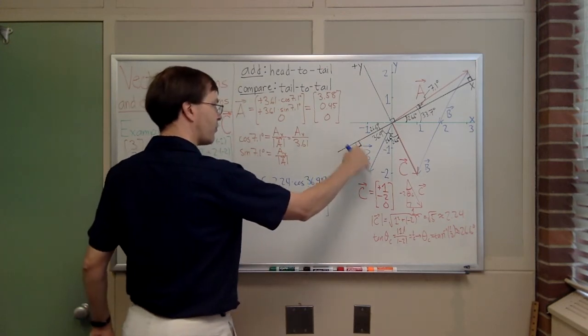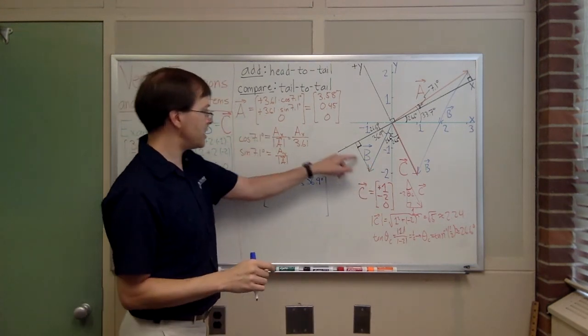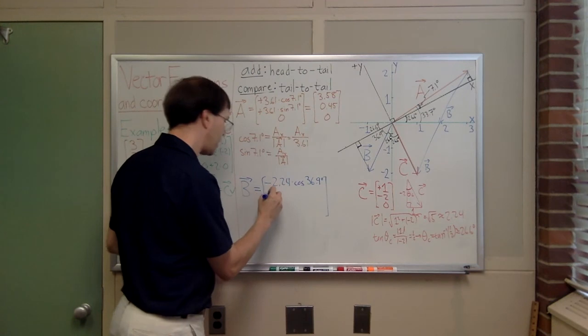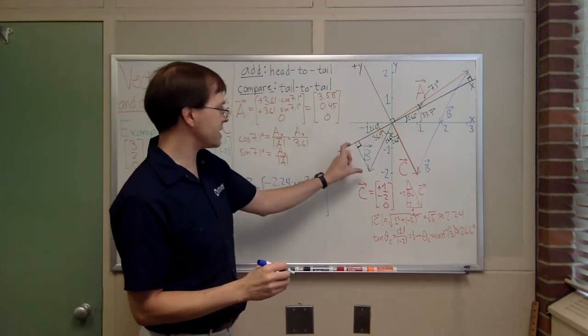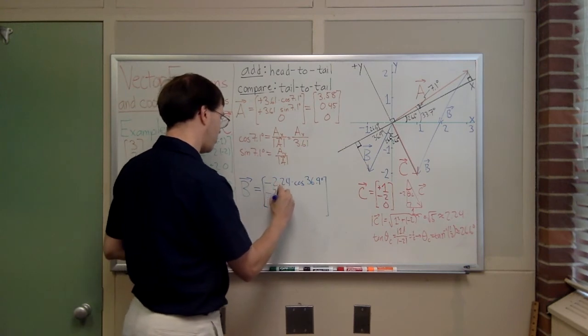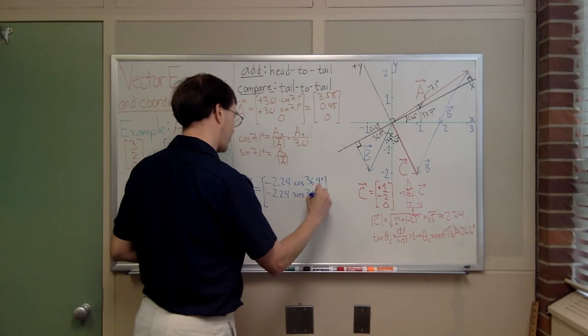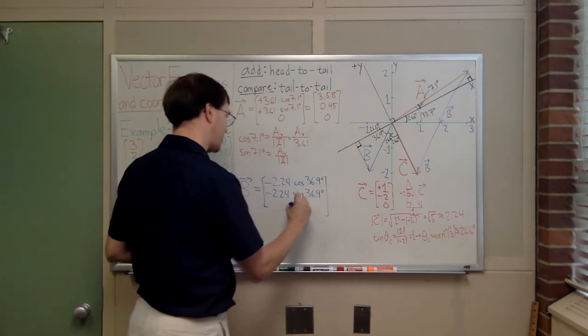And here, for the opposite side, that's going to be just like it was up here. This is in a negative direction, but otherwise, because this is opposite that side, it's related to sine. And so this is going to be 2.24 times the sine of 36.9 degrees. And down here, 0.